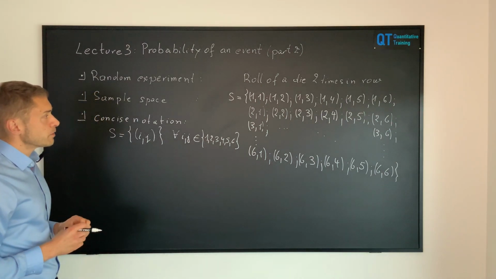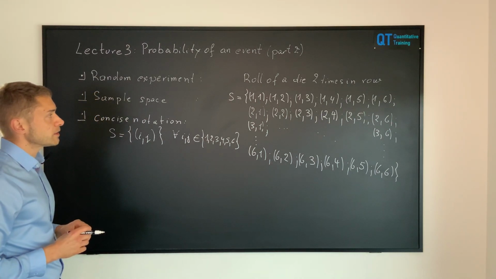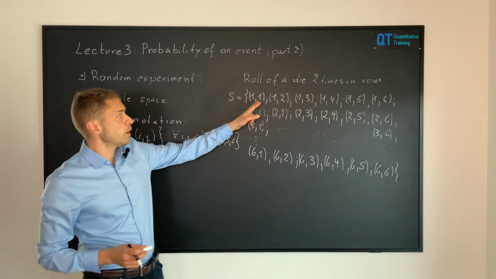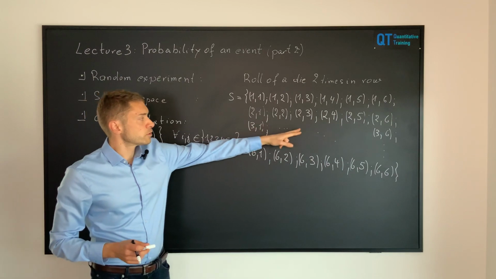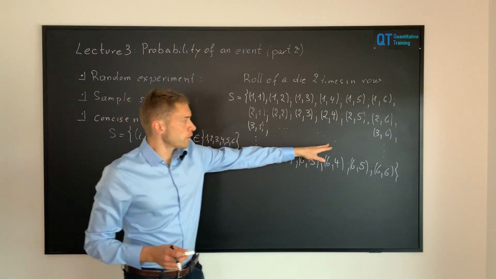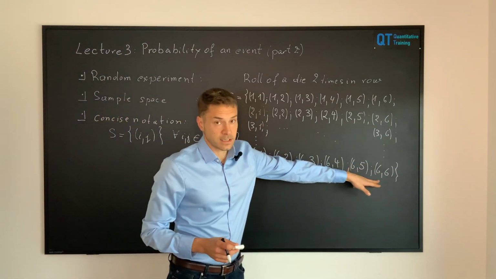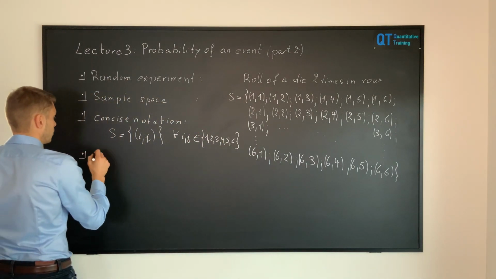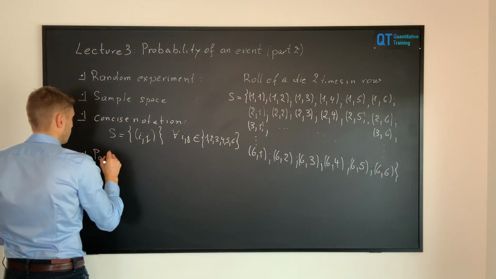As events, we could ask, for instance, what is the event of obtaining 2 times the same element, like 1, 1, 2, 2, 3, 3, 4, 4, 5, 5, or 6, 6. That would be a particular event.